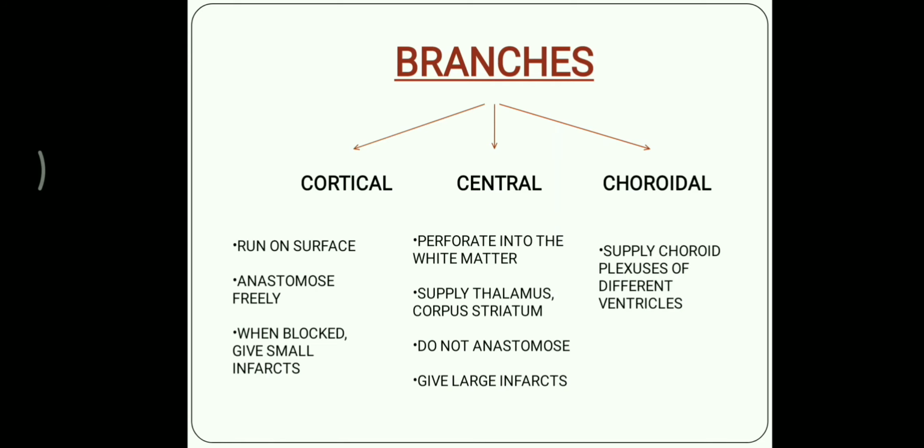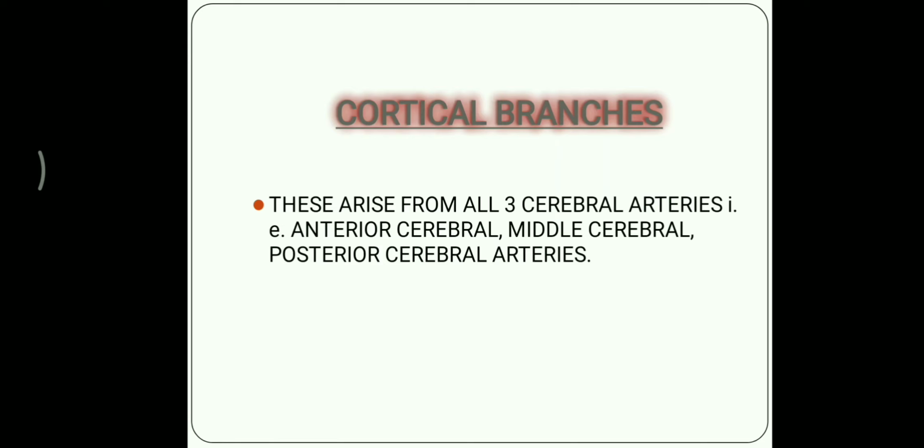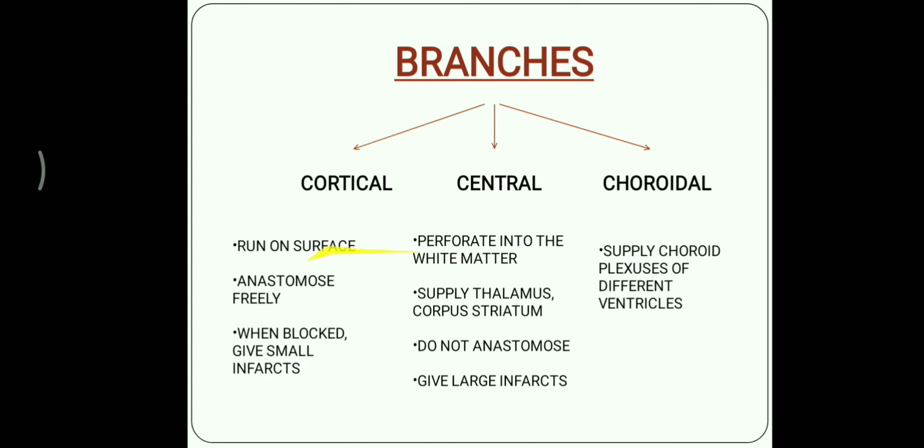Now let's go into a little more detail. The cortical branches are formed by all three cerebral arteries, namely the anterior cerebral artery, middle cerebral artery, and posterior cerebral artery. That means the branches of all these arteries which run on the surface of the cerebrum are called cortical arteries.